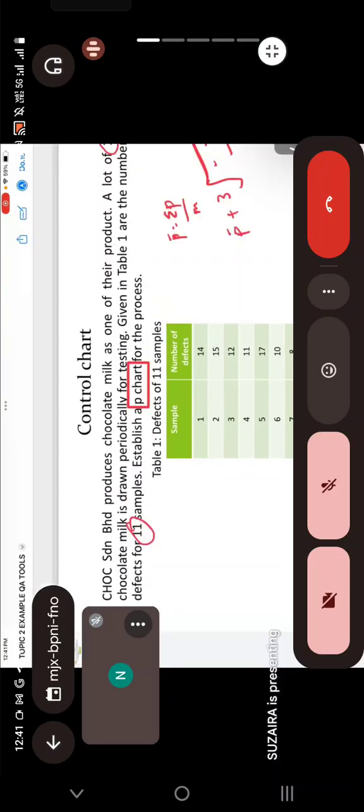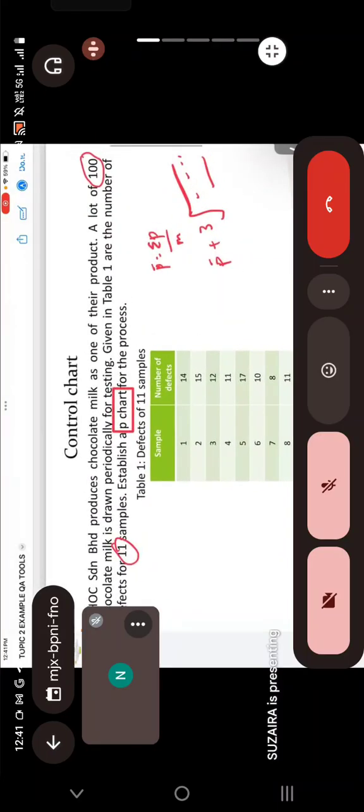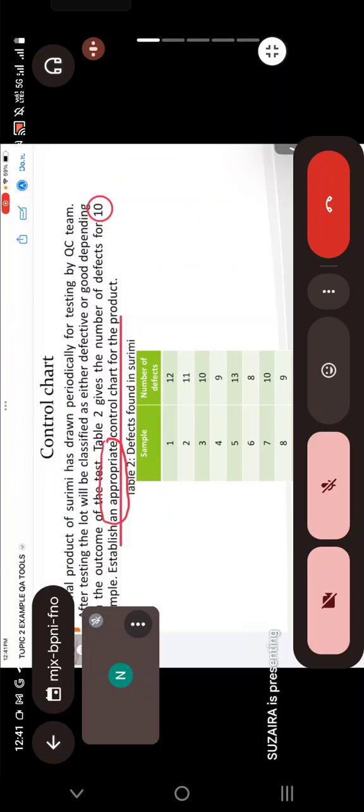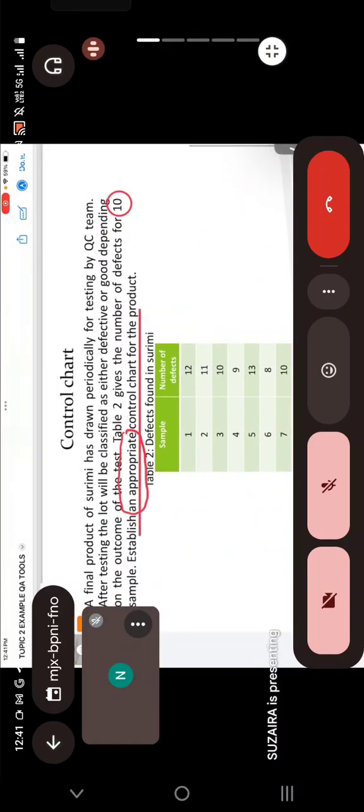This one just now, wait a moment. This one for P chart you have two values, 100, and this one 11. Okay, so you have 100 and 11 to indicate the P chart. This one for C chart, you only have one value. Okay.